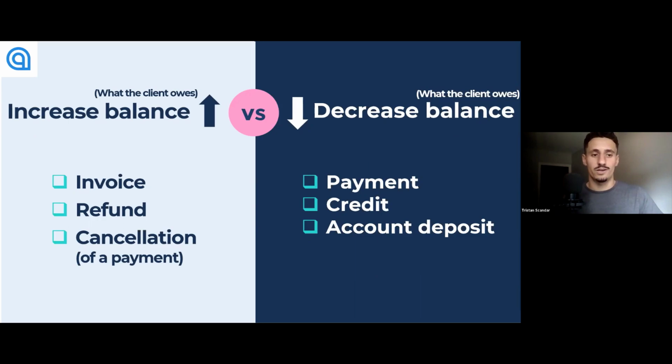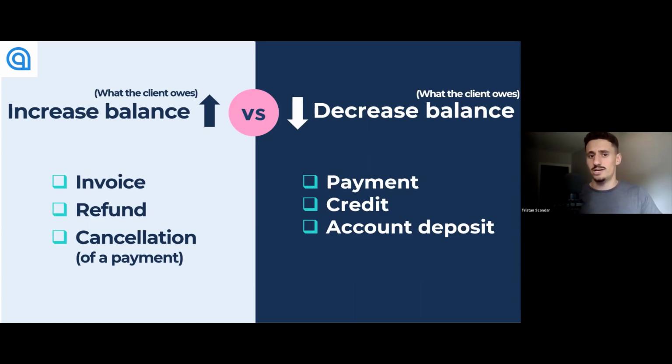Same thing for a refund. If a refund is made, the client paid less, so they owe more. So the balance increases. Cancellation of a payment is the same logic behind it. The payment was canceled, so kind of refunded, and that payment still needs to be made. So the client owes more, which increases the balance.